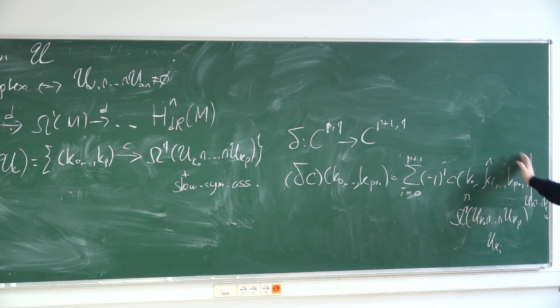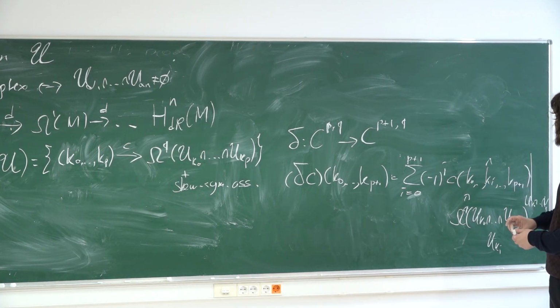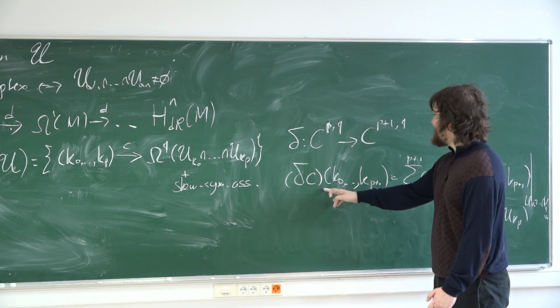In fact, this differential form is defined on a little bit bigger set. By definition, this differential form is defined on the intersection of all K_i without K_i. Here I need to define a differential form on the intersection of all K_i.